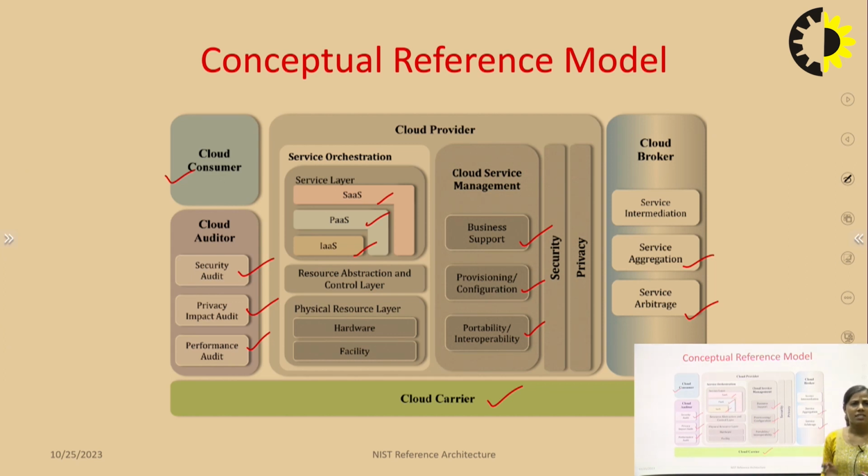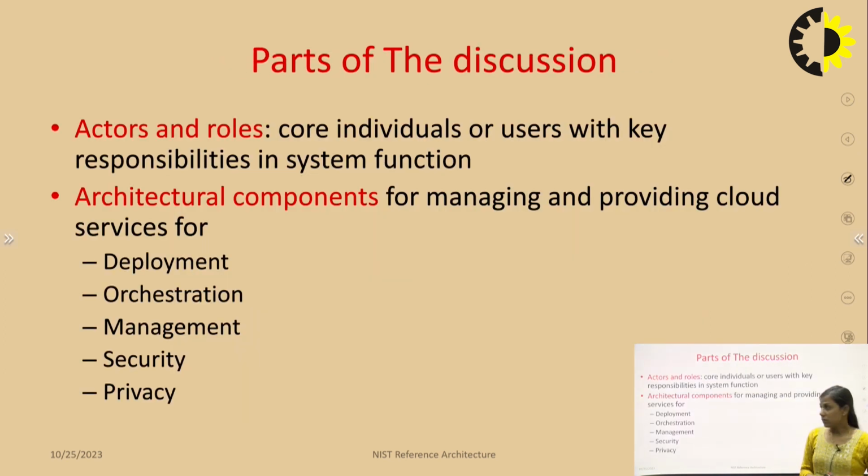Now let's discuss one by one all these terminologies. We have this technology and one reference architecture. Now we have the 5 main components. First one is the cloud consumer. What does the cloud consumer exactly do? These are the various actors, the individual users with key responsibility in the system functions.